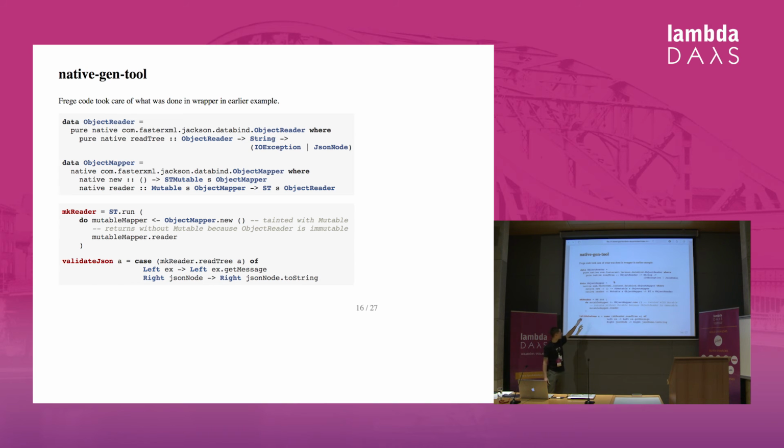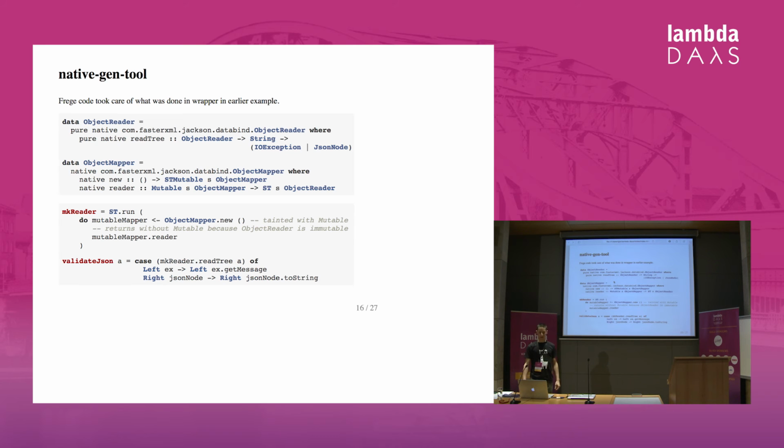It runs some stateful computation, and I have written mutable mapper because this, in fact, is tainted with this mutable data type, this label. And if I obtain a reader, as you can see here, this function returns something immutable. So the mutable vanished. So we are ready to use it from Frege.